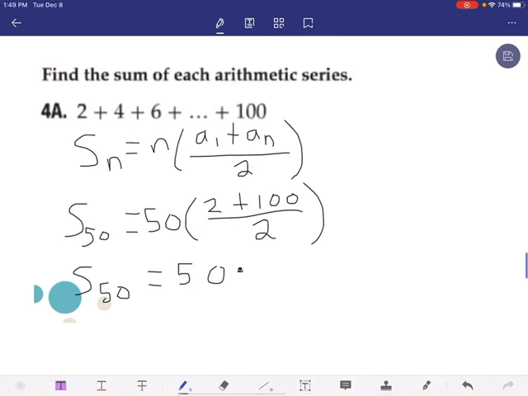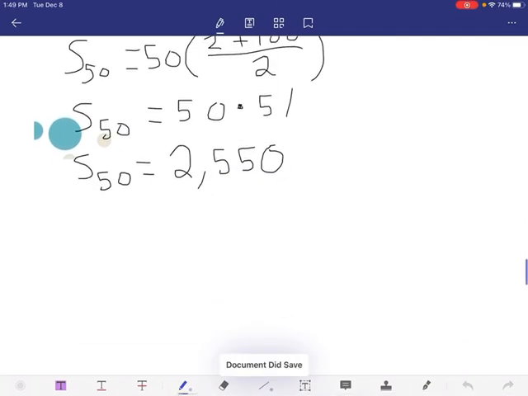So we get 102 divided by 2, which gives us 51. So we know that the first 50 even numbers, if we were to add them all together, we get 2,550.